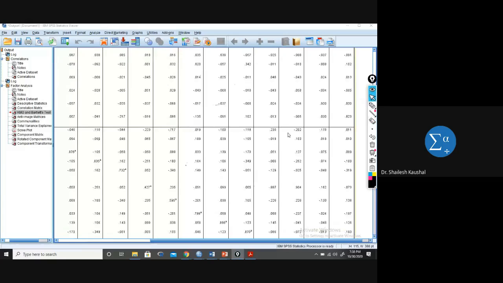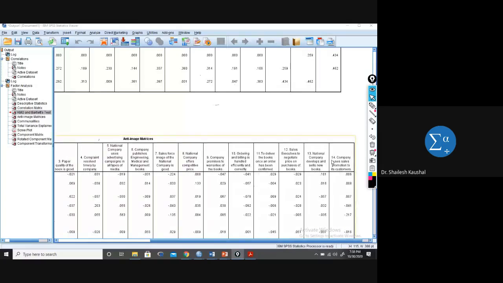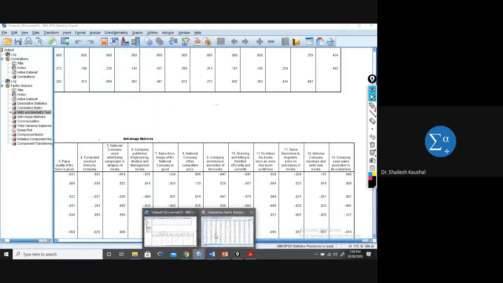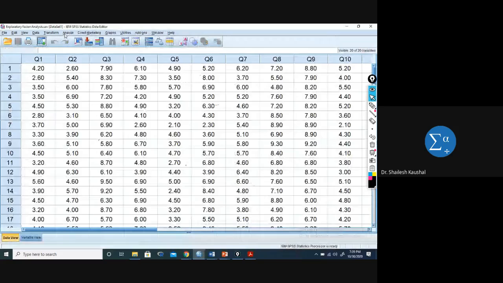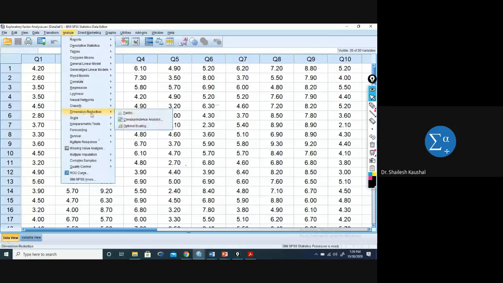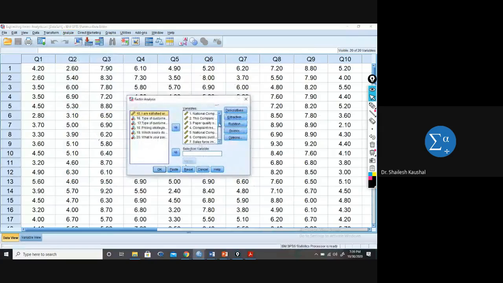Then I'm analyzing dimension reduction factors, because the value is less than 0.5, the measures of sampling adequacy value. Okay. And everything is the same.